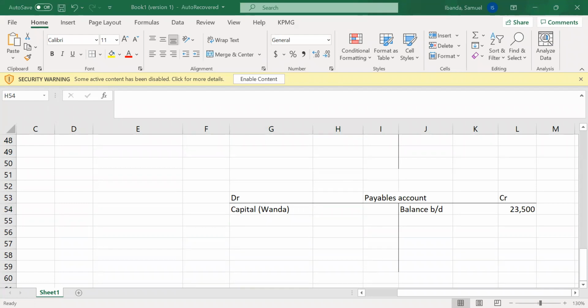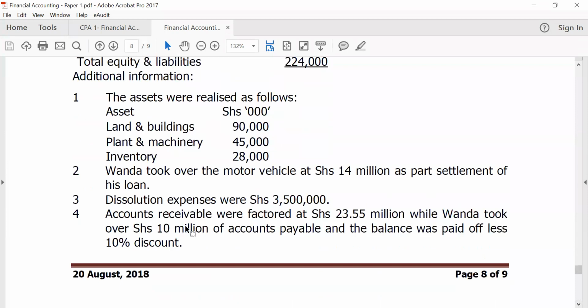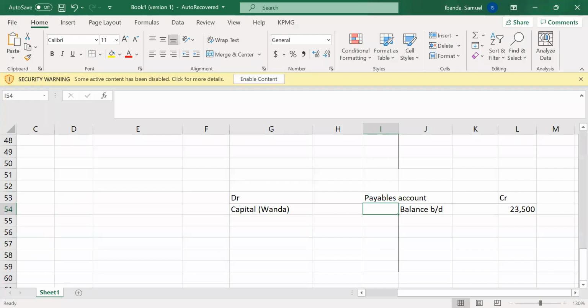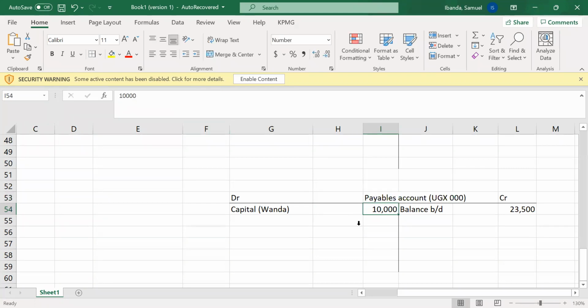When you look at what we've been given here, they are telling us that the partner takes over 10 million. So we shall credit our payables here by 10 million, which is 10,000. So it is 10,000 that the partner takes.